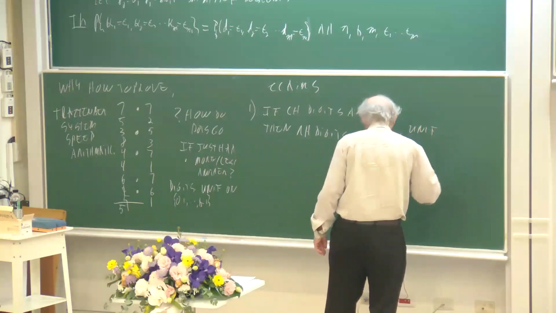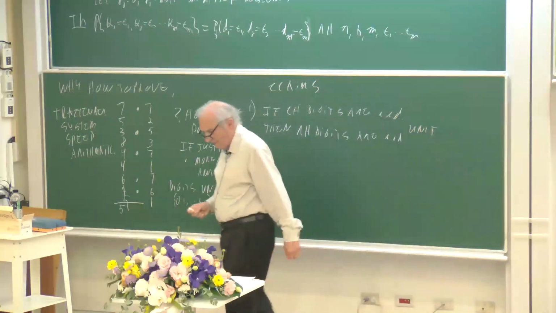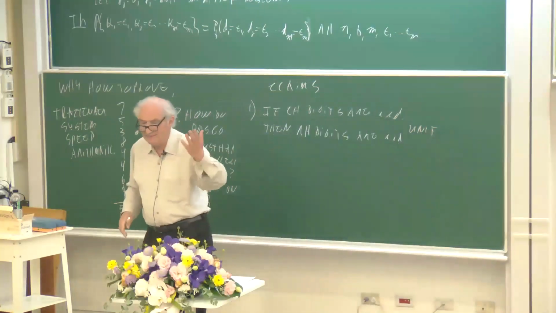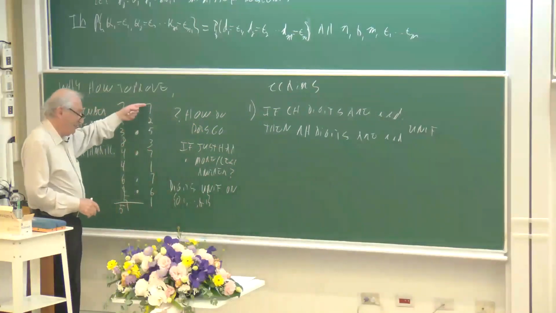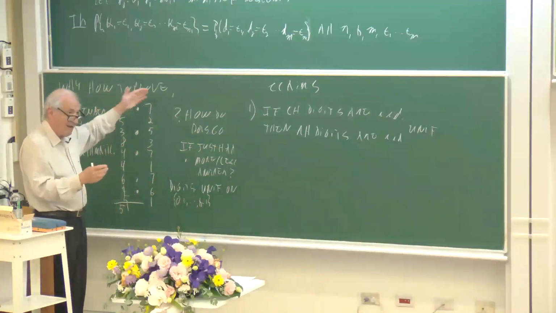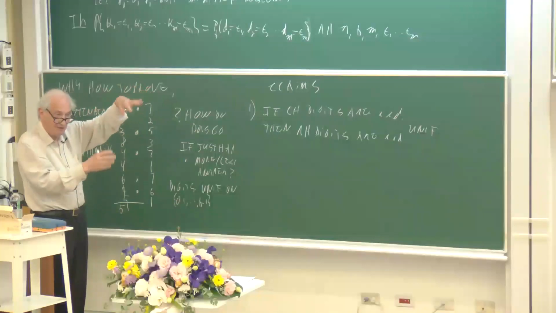So, of course, you might think, gee, don't they get all tangled up? But this is very easy to see. First of all, certainly 7 is a random digit because I just copy it. So that's a uniform random digit to start.